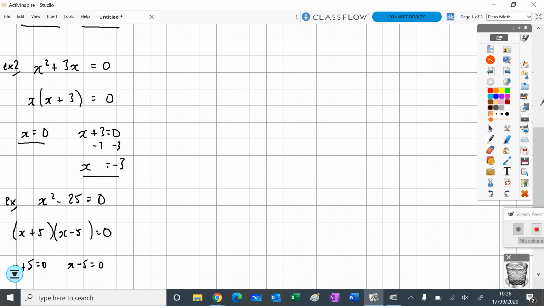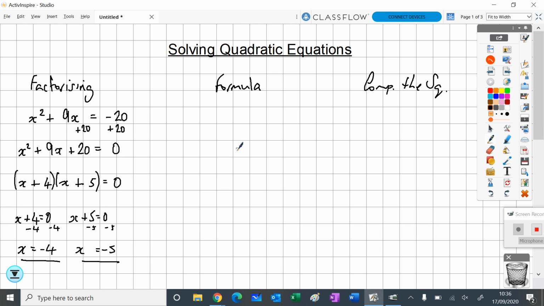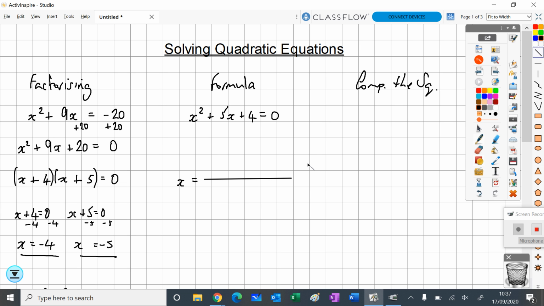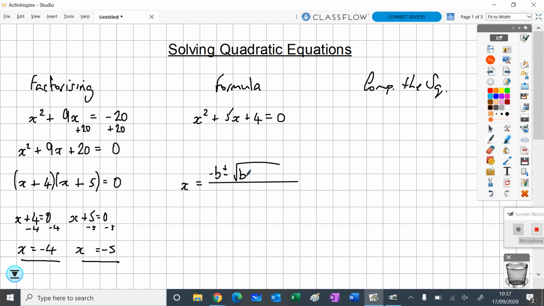Now, the formula. Suppose we had x squared plus 5x plus 4 equals 0. The formula says that x equals a fraction where the numerator is negative b plus or minus the square root of b squared minus 4ac, all over 2a.